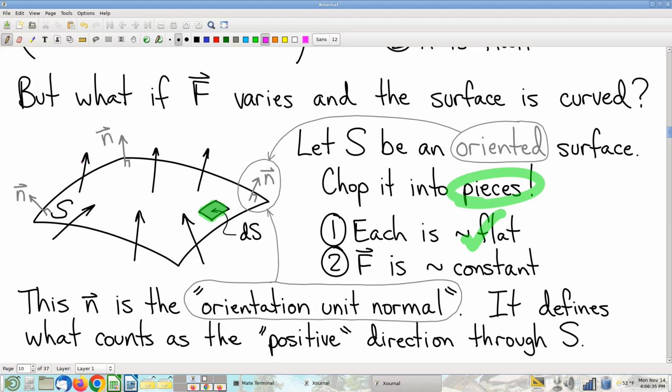This field vector and that field vector are different, but those field vectors are evaluated at points that are pretty far from each other. These little pieces, all the points in them are pretty close together. And certainly, again, in the limit, as I chop finer and finer, they will necessarily always be closer and closer together. And so you expect the vector field on that little piece to be approximately constant.